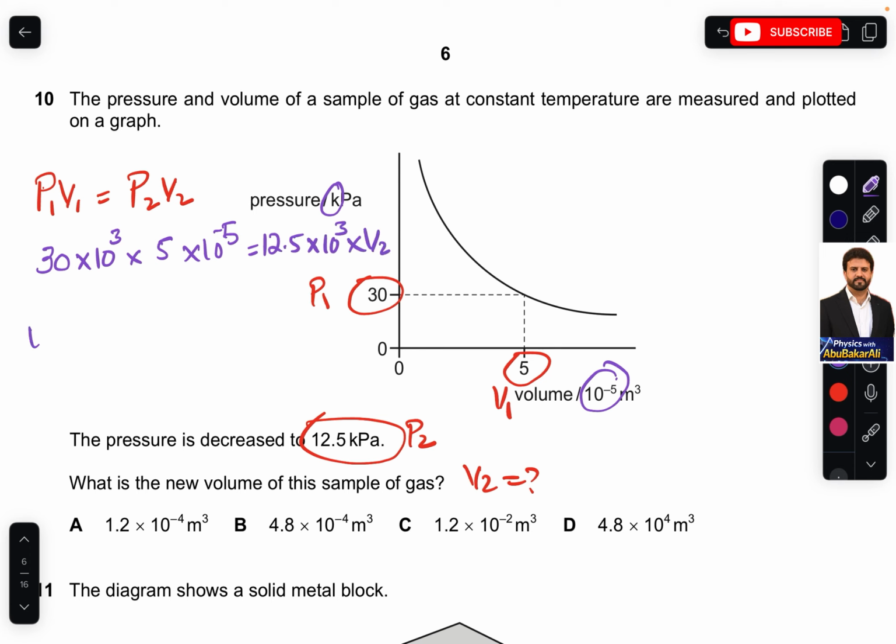So V2 is simply, the kilo will cancel out on both sides, just to simplify. V2 equals 30 times 5 times 10 to the power minus 5 divided by 12.5. When you do this, you get 1.2 times 10 to the power minus 4. Okay, it's option A that is correct.